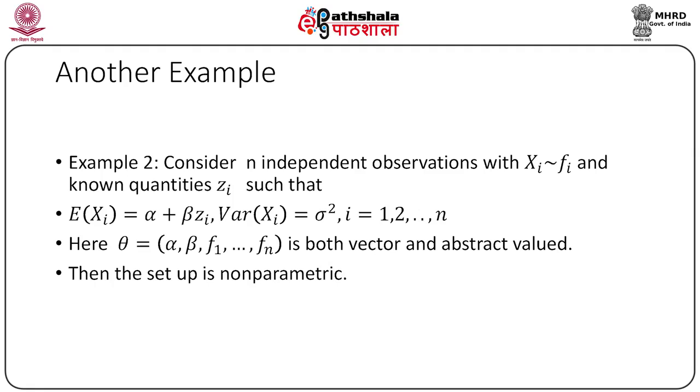Thus, we have the unknown quantities alpha, beta, sigma together with the density functions f1, f2, ..., fn. Then the vector of unknowns involve both real valued and abstract valued quantities. Therefore, by definition, the setup is semi-parametric.